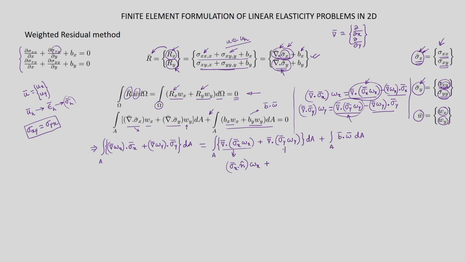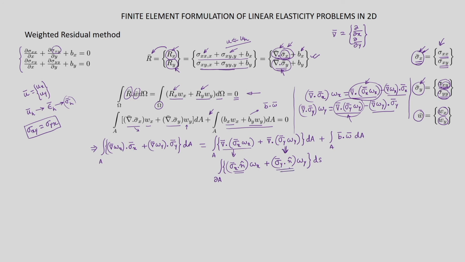The second term will give us sigma y bar dot n into wy, integrated over the boundary of A. Alright, so this we are getting from the Gauss divergence theorem: the divergence of the vector field sigma x bar into w is equal to the normal component of the vector field integrated along the boundary.